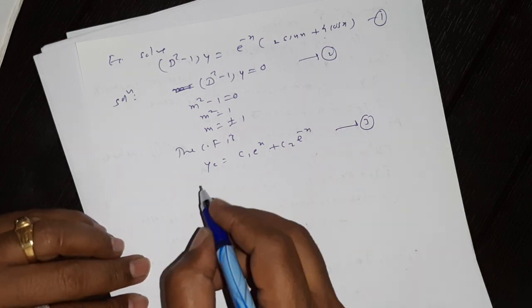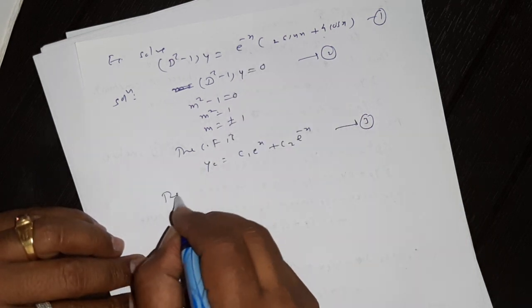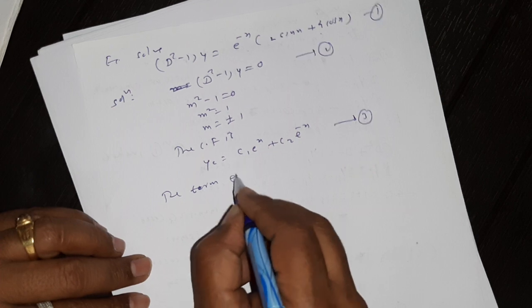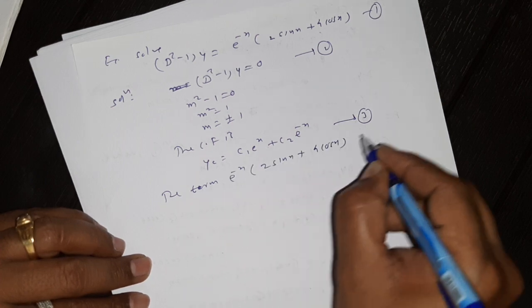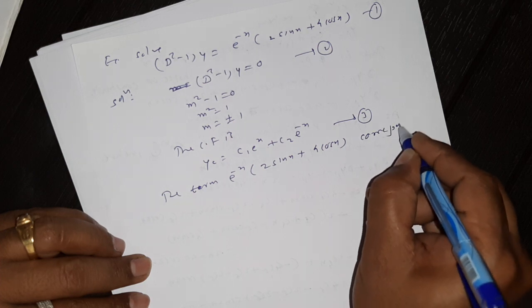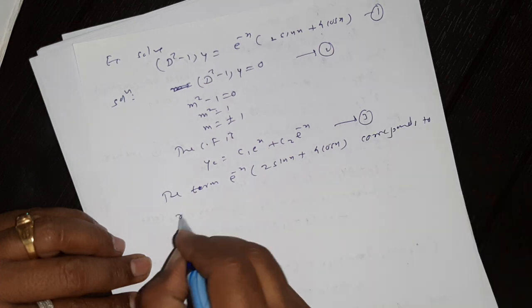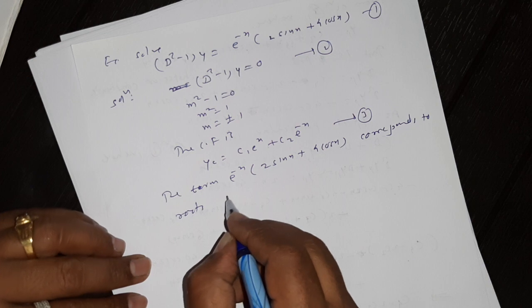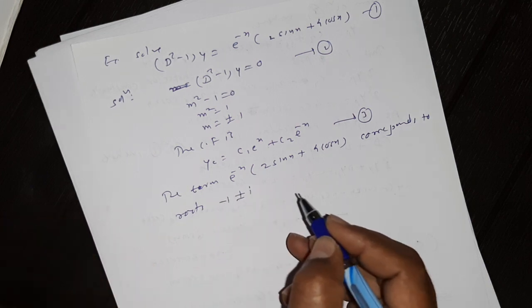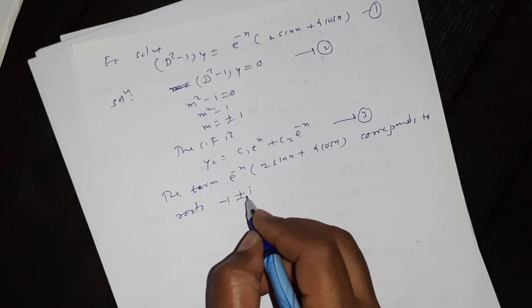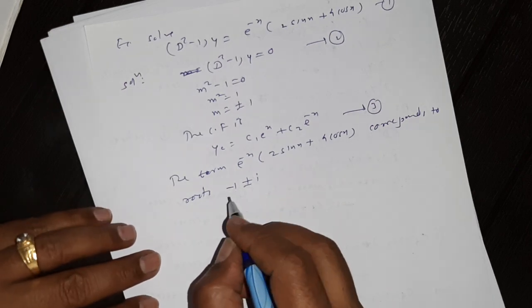Then this term, e raised to minus x times 2 sin x plus 4 cos x, corresponds to roots minus 1 plus or minus i.